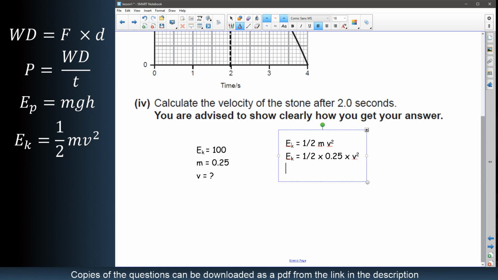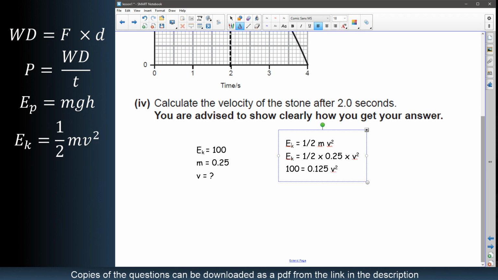And I'm going to wish I'd run my calculator app here, so if somebody in the chat can run ahead of me. So EK equals a half times 0.25 is 0.125 v squared. EK we can pop in, we know that's 100. Oop, subscripts are bad.